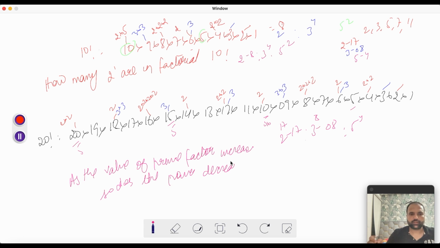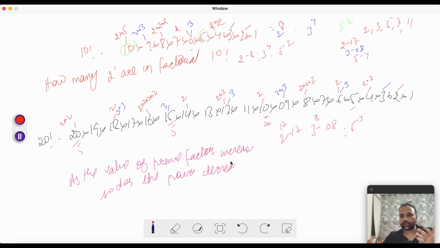It's very obvious in 100, or let's say in 20 itself, 2 would occur much more than 3, 3 more than 5, 5 more than 7, because as we go up, the smaller number would occur multiple times rather than a larger number.